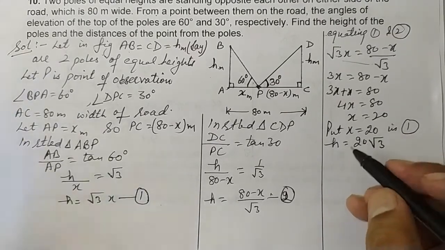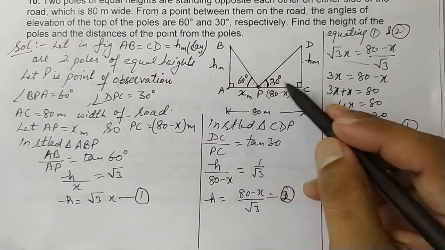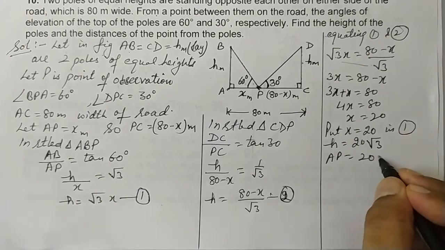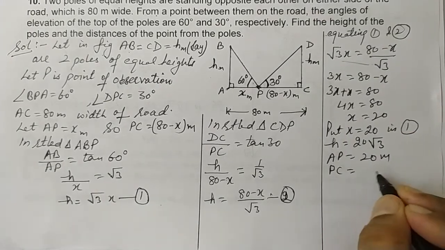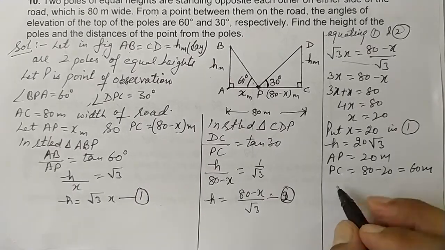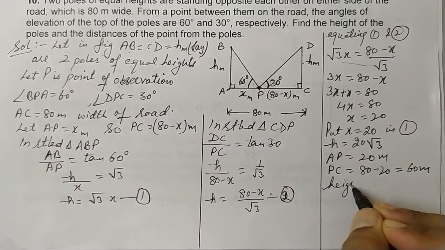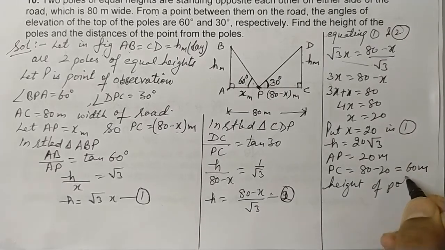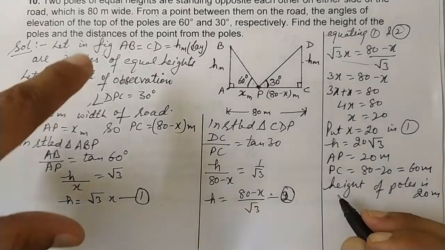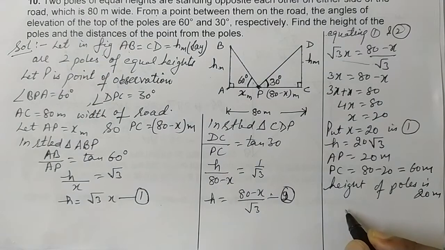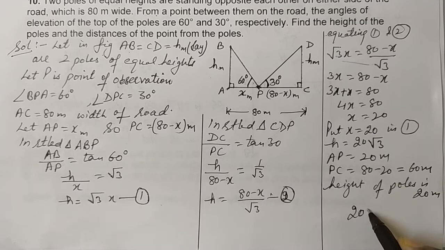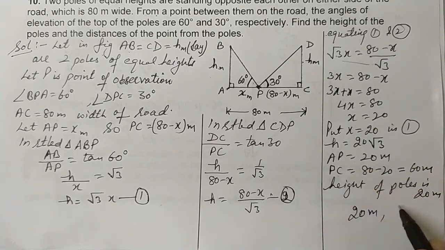Now we can find out the AP distance and the PC distance also. AP is x, that is 20 meter, and PC is 80 minus x, that is 80 minus 20, which is 60 meter.